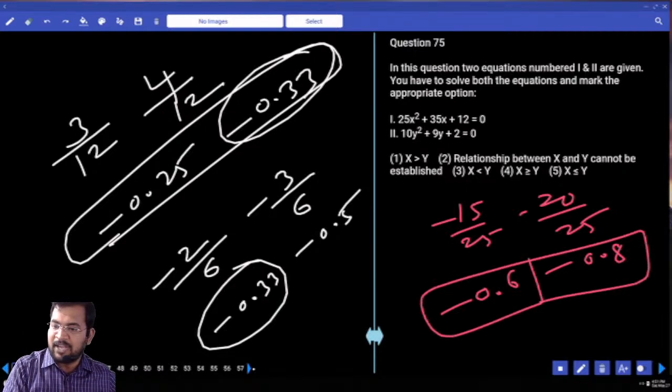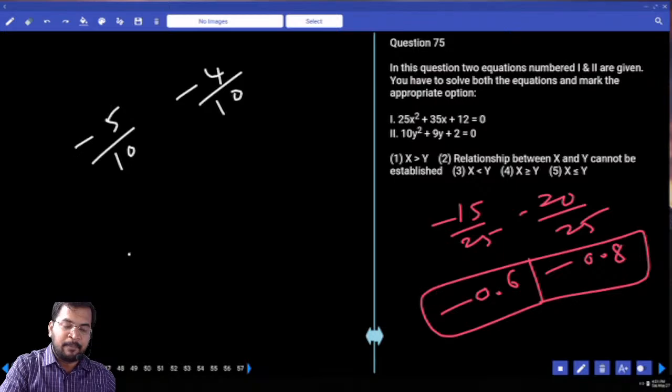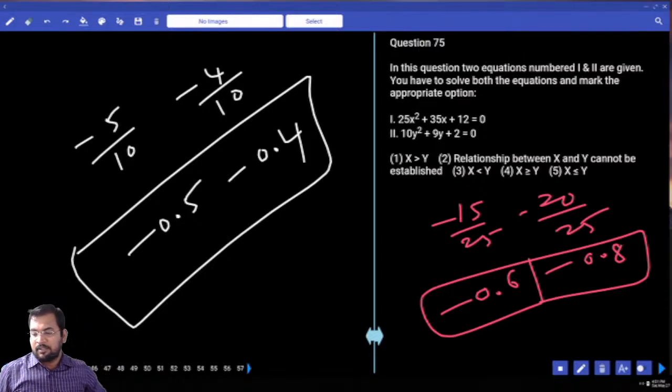Now the y values: 20, 5, 4, minus 5/10, minus 4/10, minus 0.5, minus 0.4. So now tell me, x is less than y.